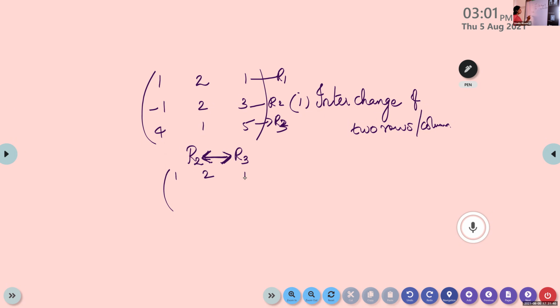The second row and third row are interchanged, so we get 4, 1, 5; minus 1, 2, 3. Is it clear? This is the first operation we are learning here. We denote it as Ri interchanged with Rj, interchange of two rows.